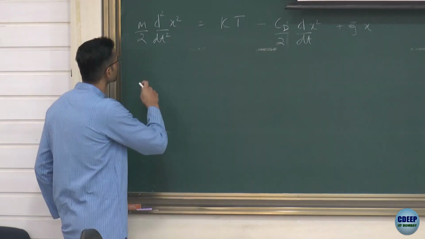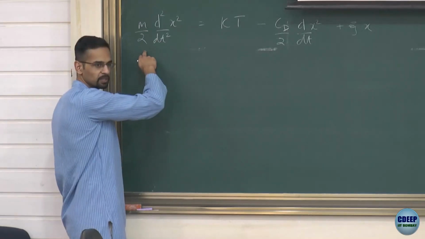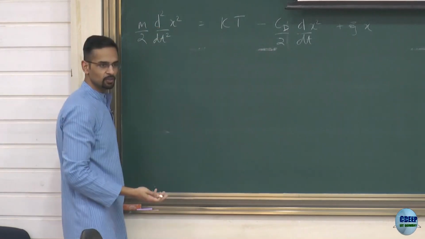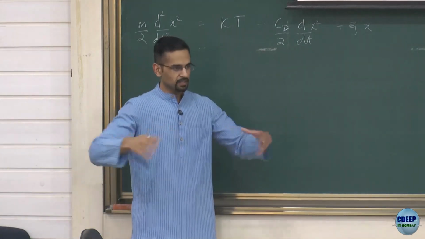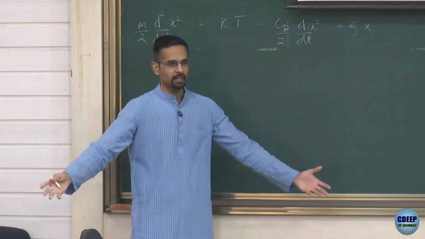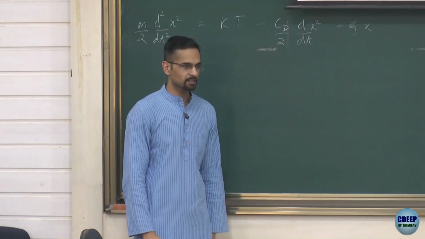So now let's apply the ensemble average here. When I put the angular brackets here, I can of course take m outside, and I can take the d/dt also outside, because remember, the ensemble average is just summing up and dividing by n. It's a linear operation, so I can of course take the derivative outside.